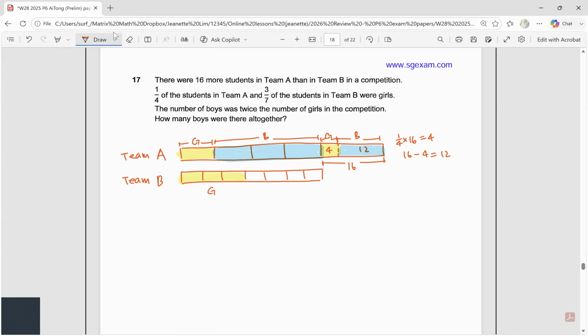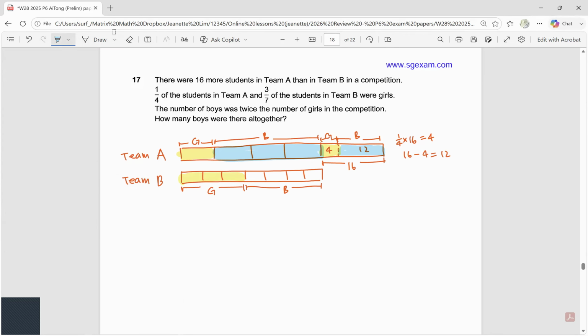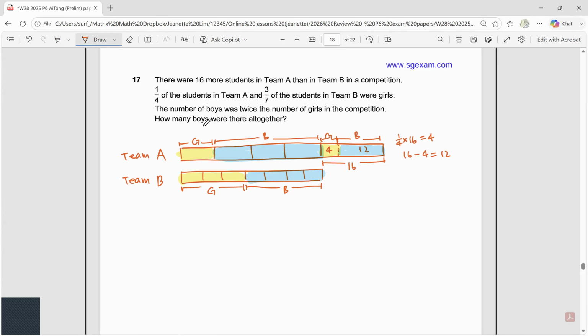This is for girls, boys. Now the number of boys was twice the number of girls in the competition. How many boys were there altogether?